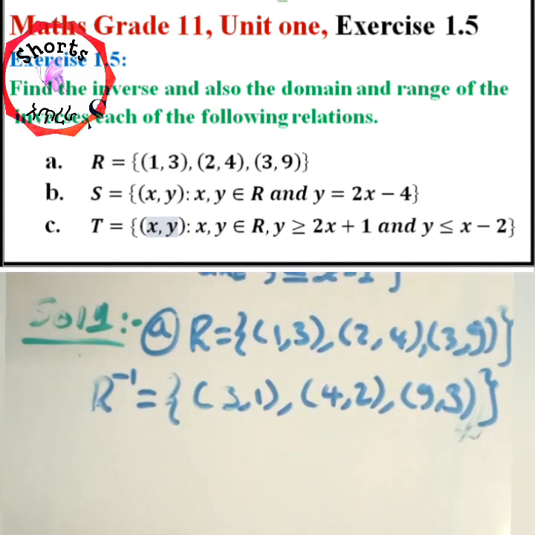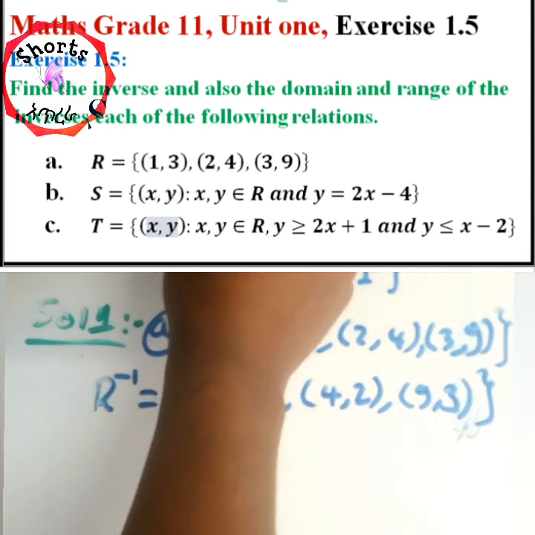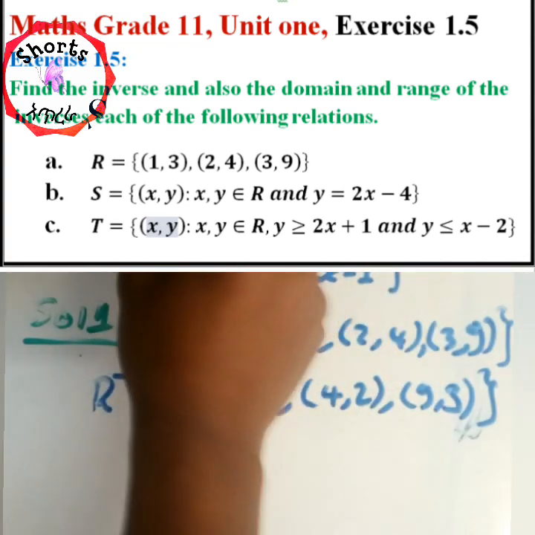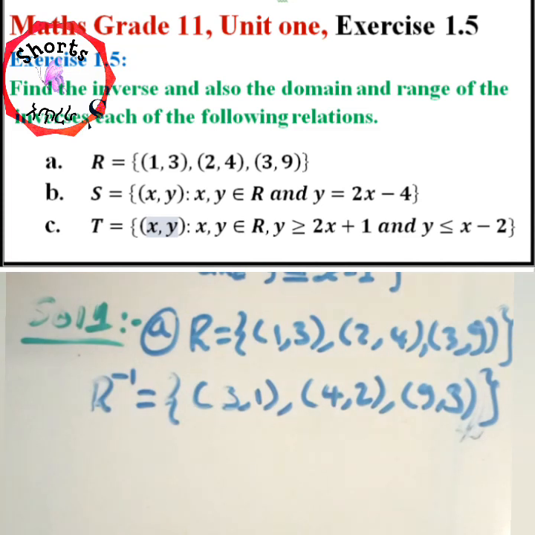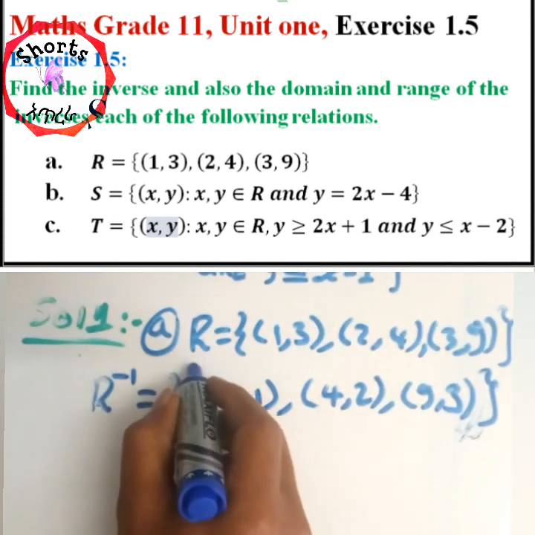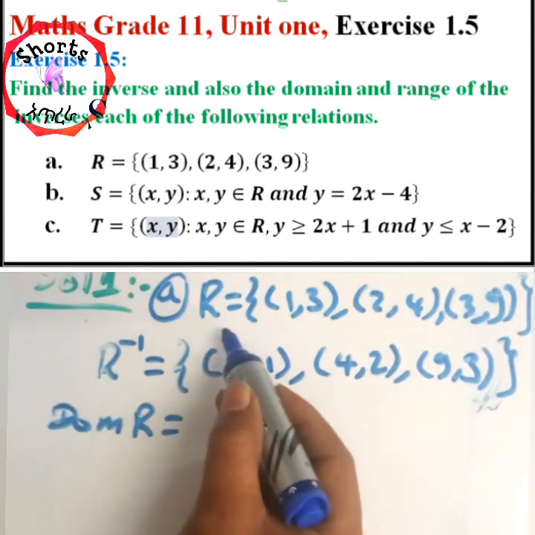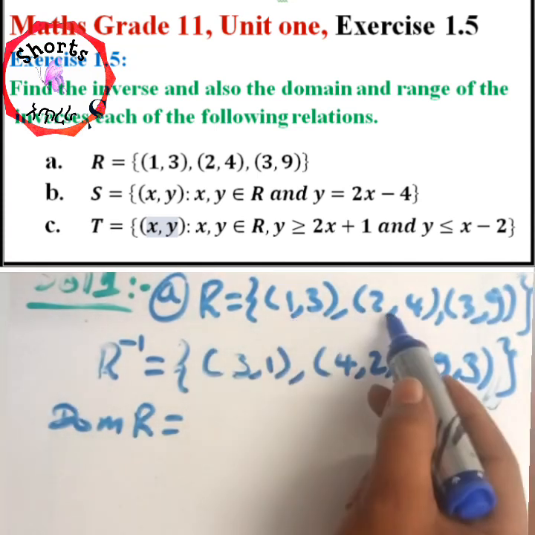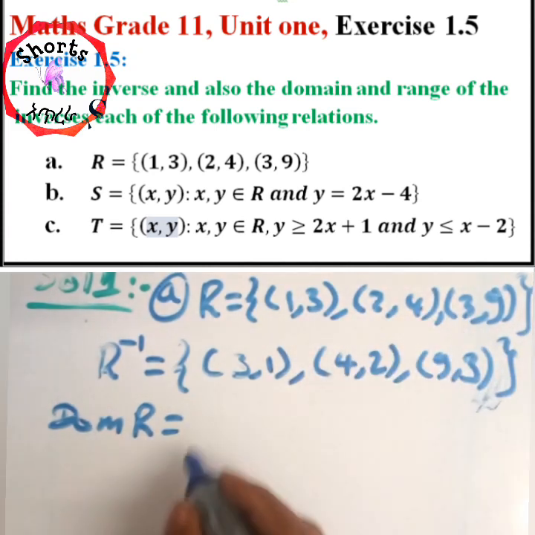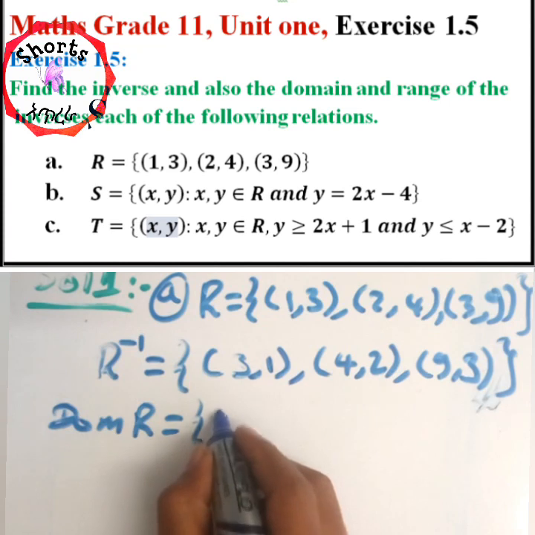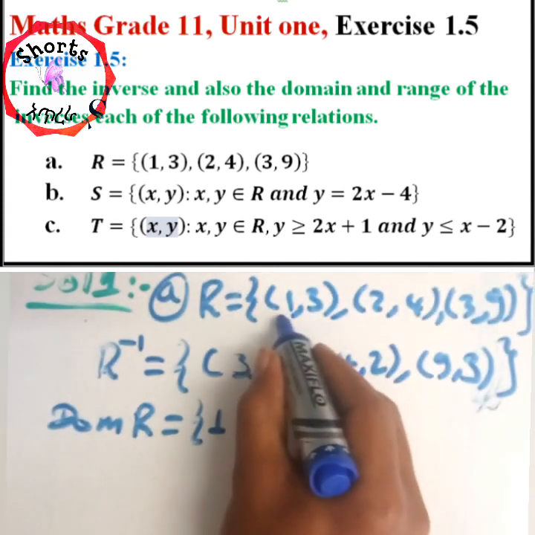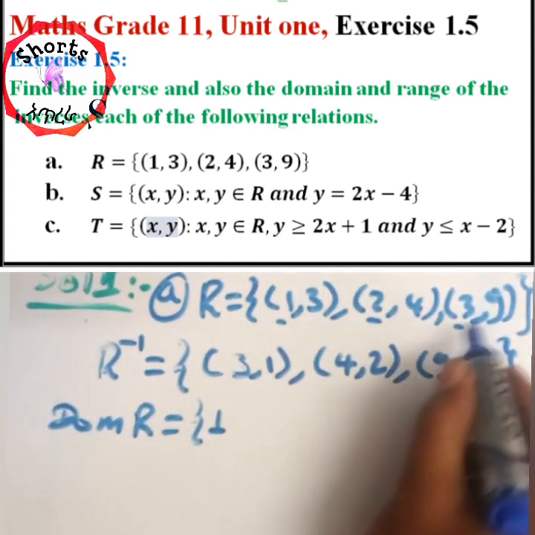The second thing we are asked to find is the domain and range of the relation and its inverse. From the given relation, the domain of R is all the first components of the ordered pairs. This implies the domain is the set containing 1, 2, and 3.